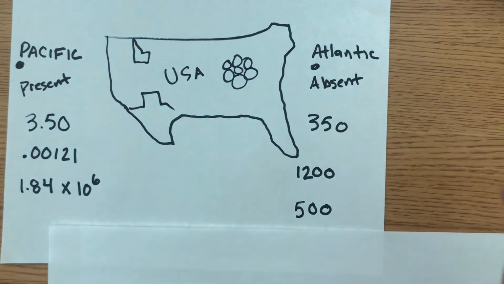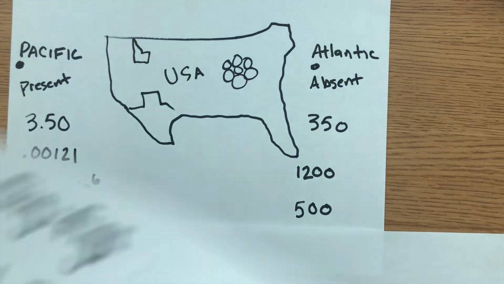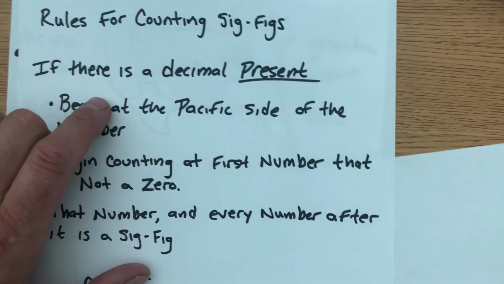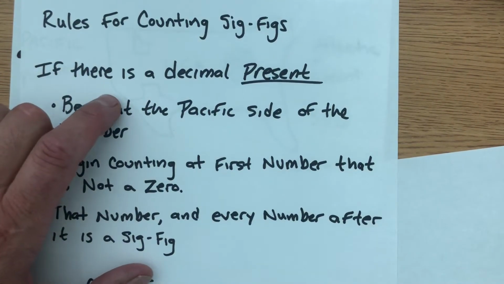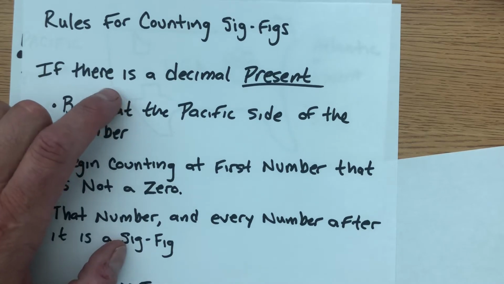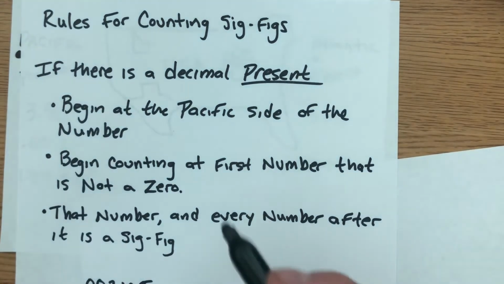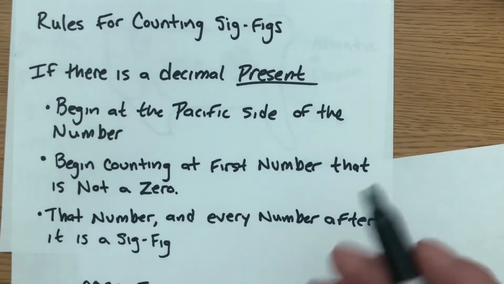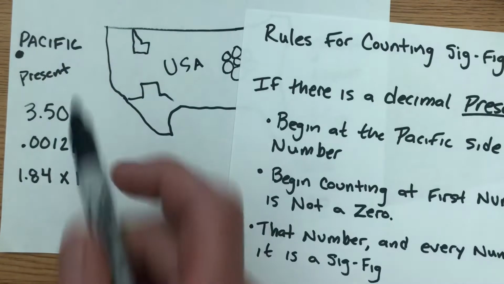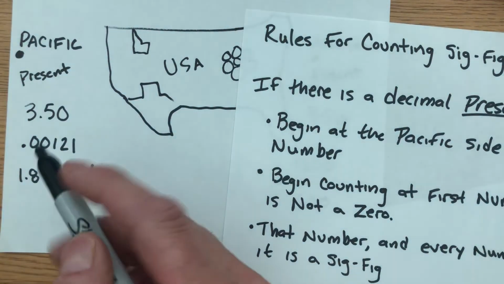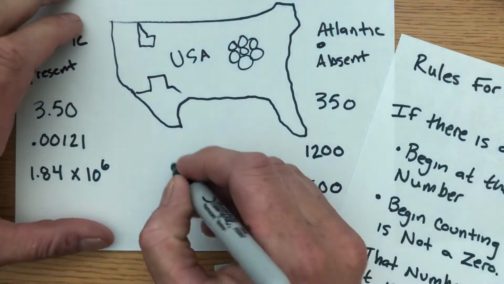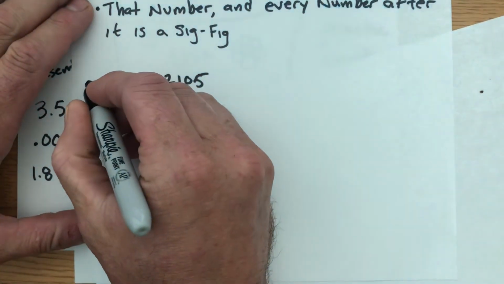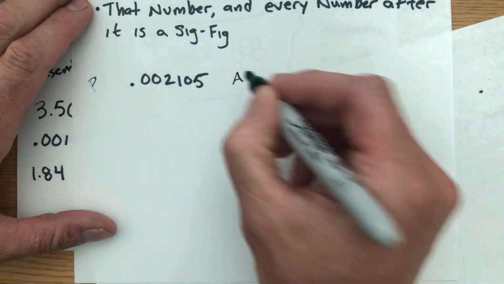So what does any of that have to do with any of this? Here are the rules. If you're looking at a number where there is a decimal place present, a decimal in the number, you have to begin counting at the Pacific side of the number. When I say the Pacific side, I just mean the left-hand side of the number. So the Pacific side is over here and the Atlantic side is over here.